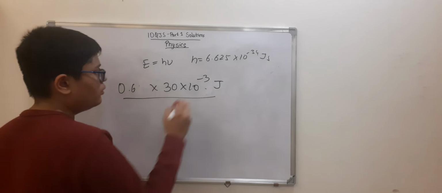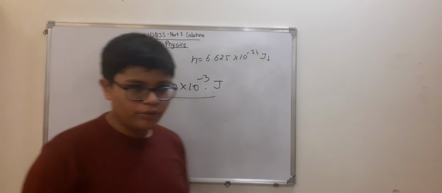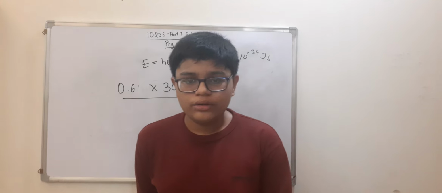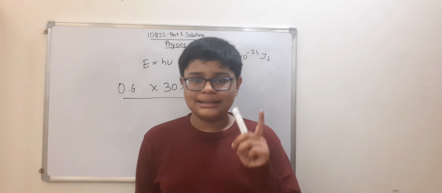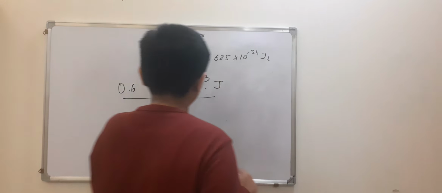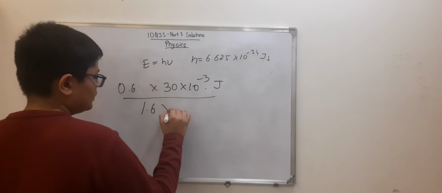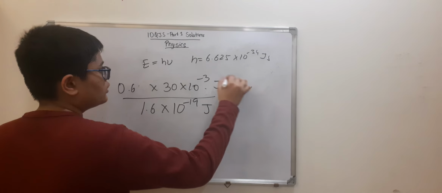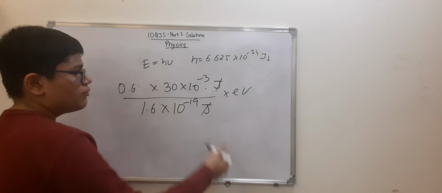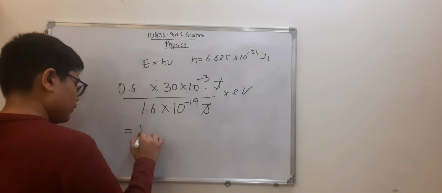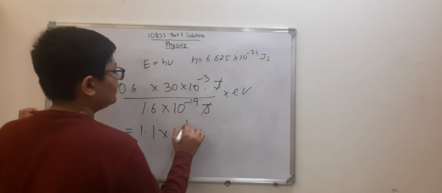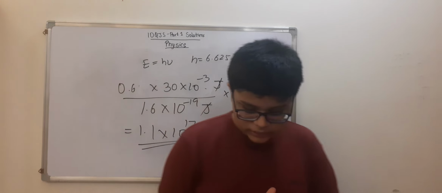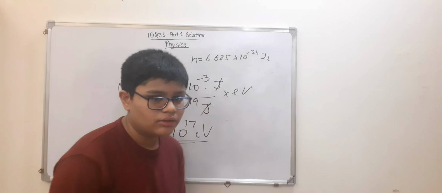And we know that 1 electron volt is equal to 1.6 into 10 to the power minus 19 joules. So you can divide this by 1.6 into 10 to the power minus 19 joules per electron volt. So joule and joule will cancel. If you solve this, you will get your answer as 1.1 into 10 to the power 17 electron volt, right? So our option B is also correct.